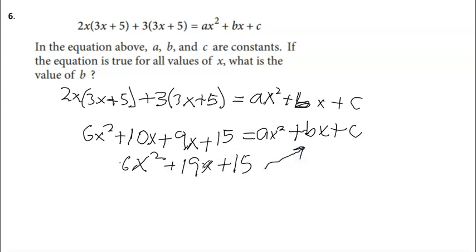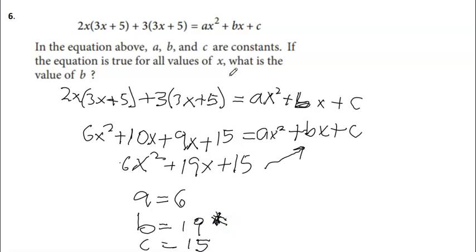So like I mentioned before, just compare coefficient by coefficient once you have it written with the same number of terms as the one you're comparing with. So here we can easily say that A is equal to 6, B is equal to what? 19, C is equal to 15, right? So the answer we're looking for is B, right?